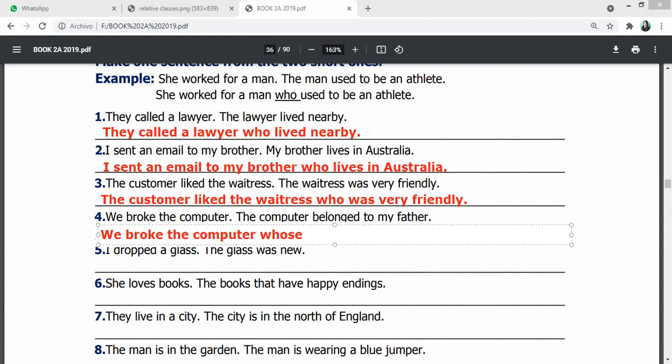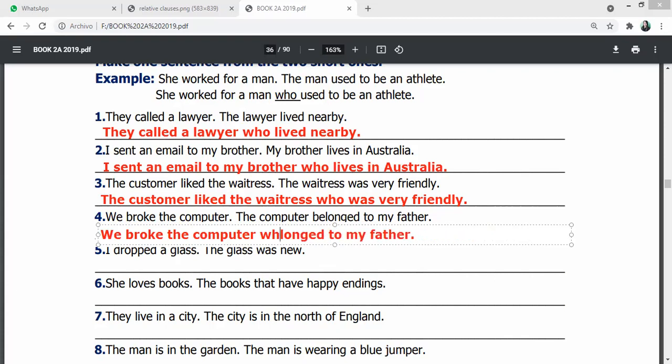Here we can say whose computer belonged to my father. Cuya computadora pertenece a my father, okay? Instead of saying again computer, we can say whose it belonged to my father. That is too repetitive.